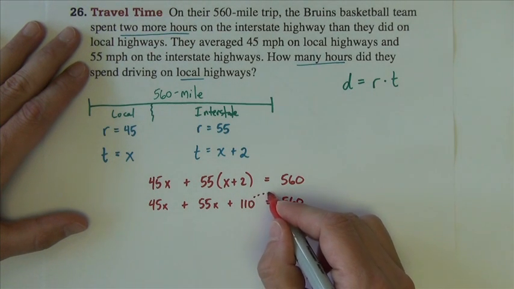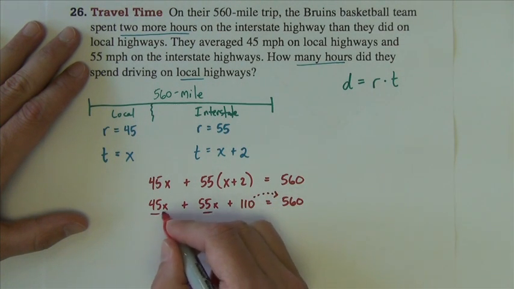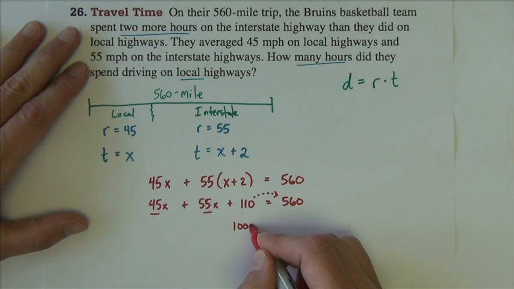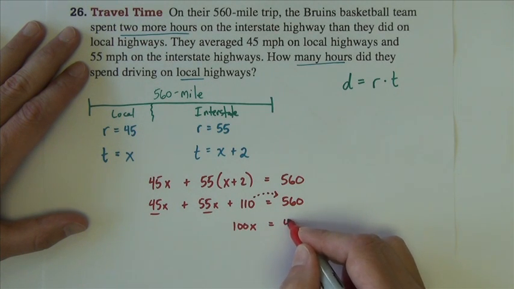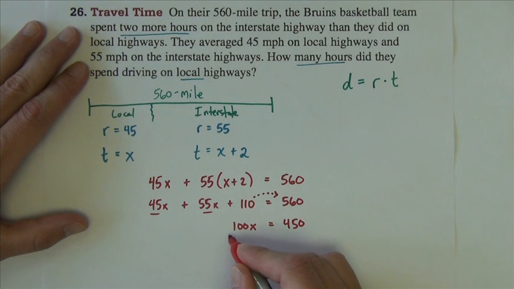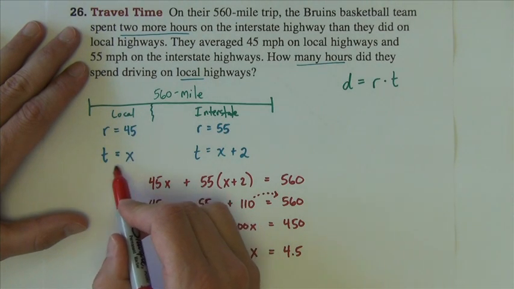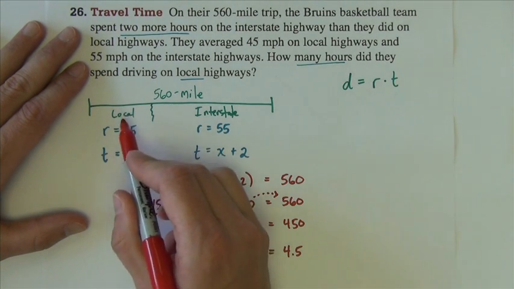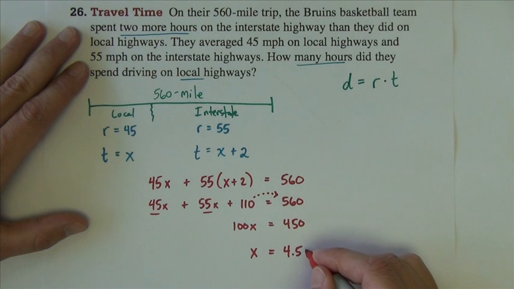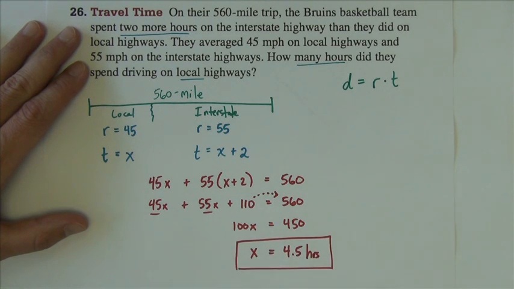I'm going to take this 110 over and I'm going to add these x's, so I get 100x equals 450. If I divide by 100, we get 4.5. X is time spent on local highways. That's what I'm trying to solve for. Units are going to be in hours. So I spent 4.5 hours on the local highways.